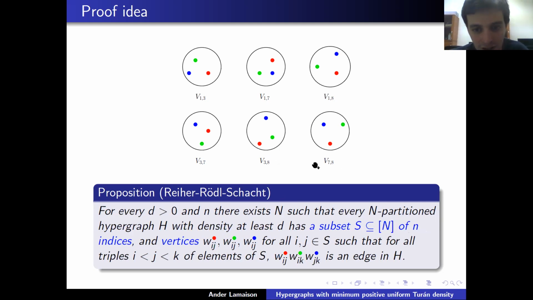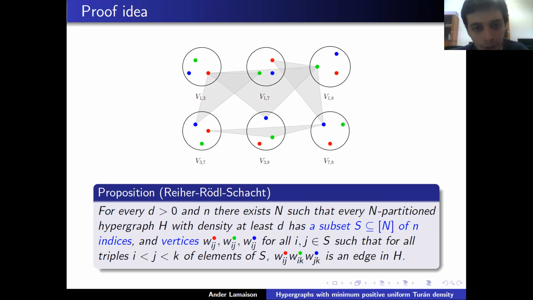And then whenever you see a vertex set with 2 of those indices, it is possible to select there a red vertex, a green vertex, and a blue vertex in such a way that for every triple of indices, the red vertex corresponding to the left pair, the green vertex corresponding to the top pair, and the blue vertex corresponding to the right pair form an edge in your partitioned hypergraph. So here, for example, you can see that we restricted ourselves to the subset of indices 1, 3, 7, 8.